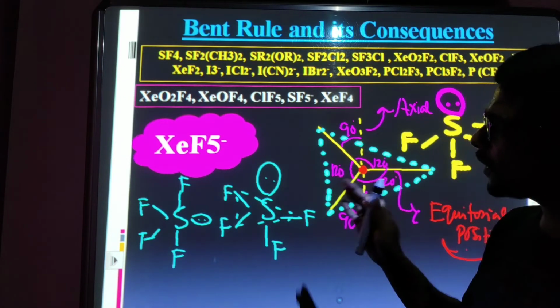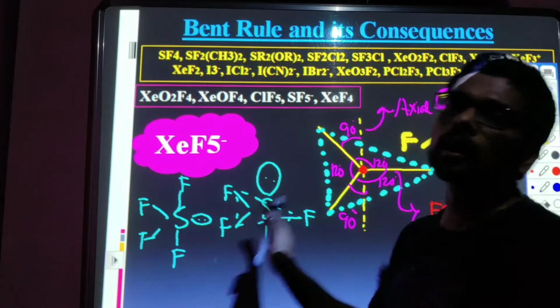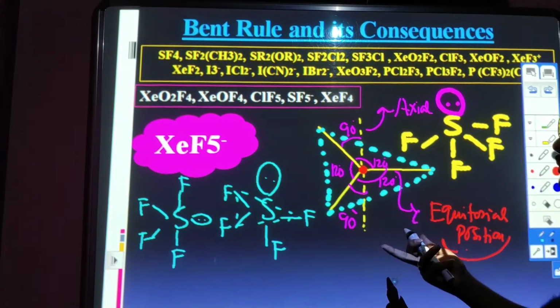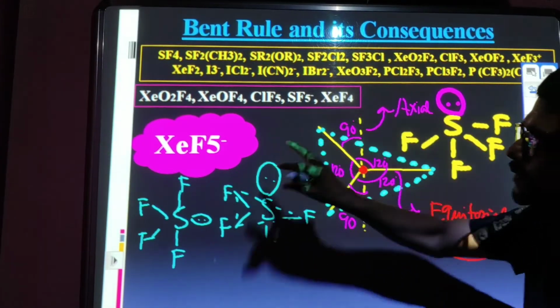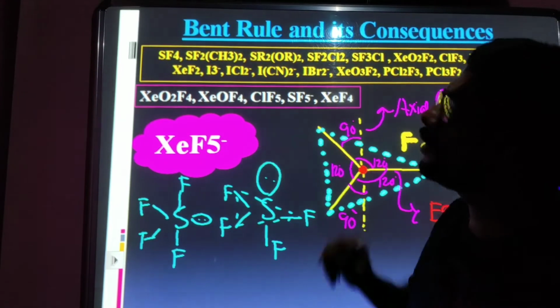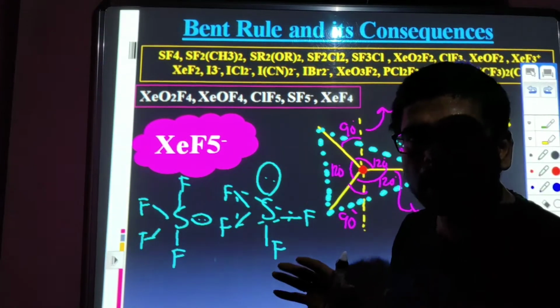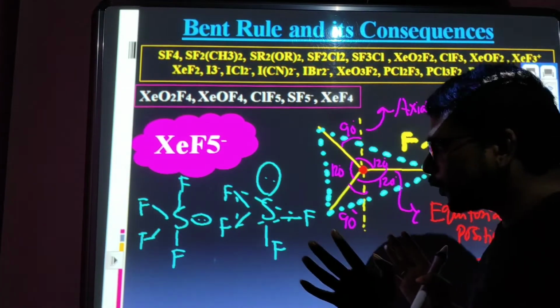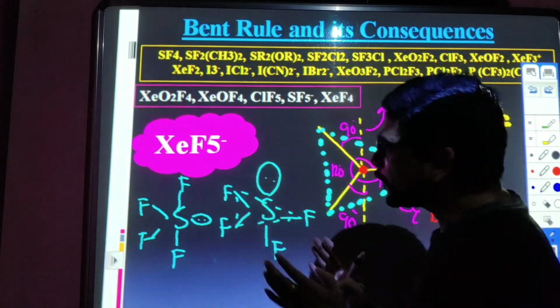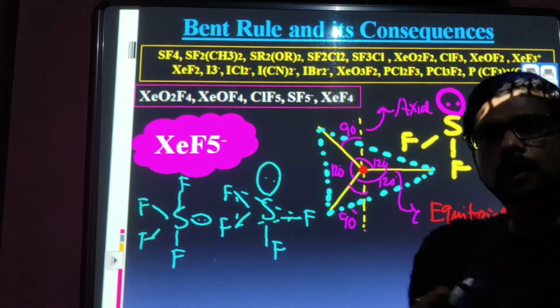One is correct and another is incorrect. একটা ঠিক একটা ভুল, সেটা কি করে দেব? Bent's rule successfully explains this. If you know Bent's rule, then you can easily tell where to place the lone pair and where to place the bond pairs of electrons.